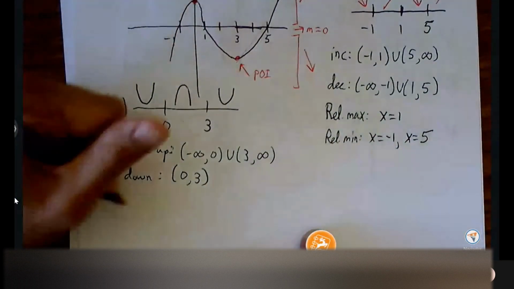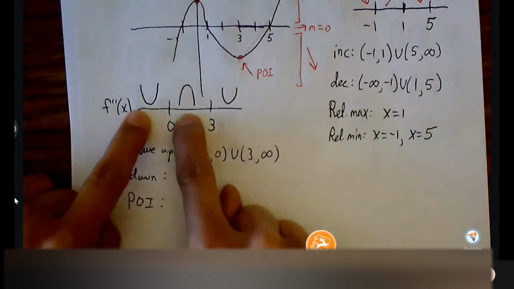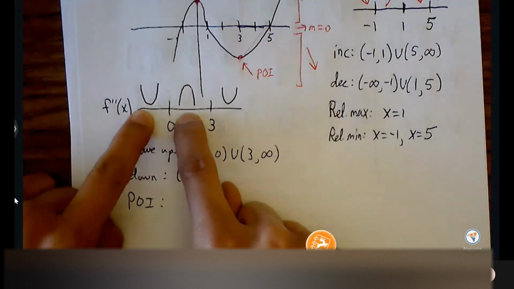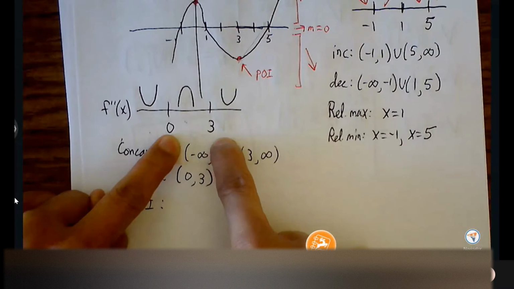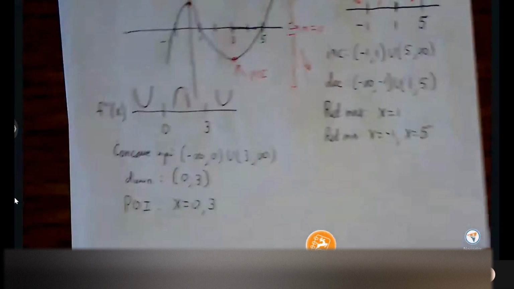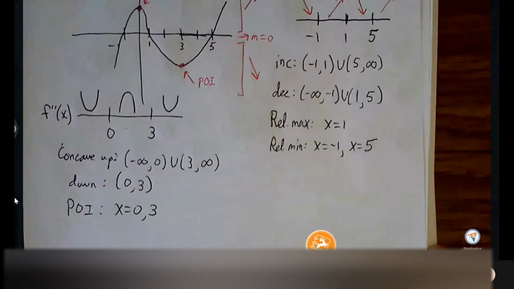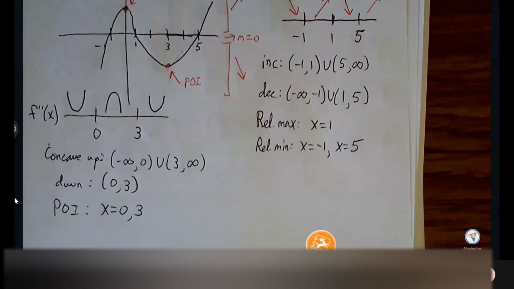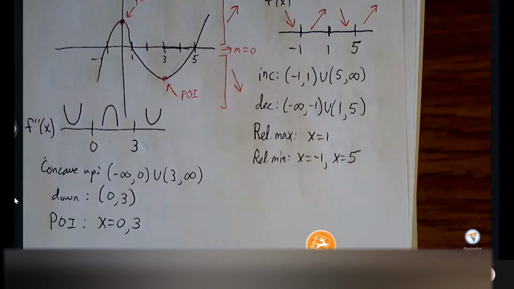And our points of inflection, okay, we need change in signs, and we have that, right? Change in sign here, change in sign here. So both of these critical points are confirmed points of inflection. Okay, questions here?